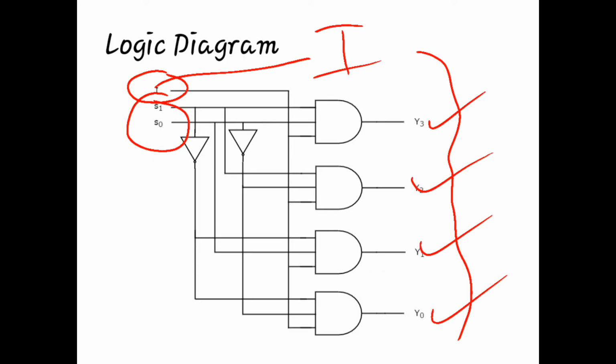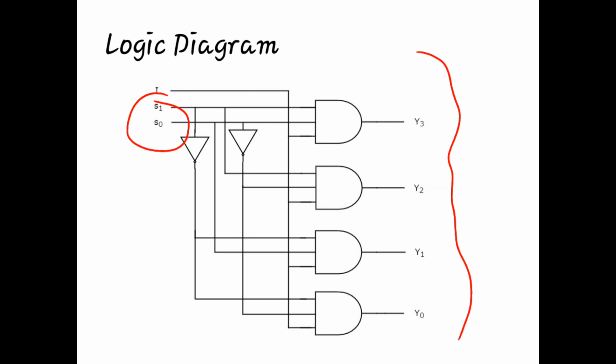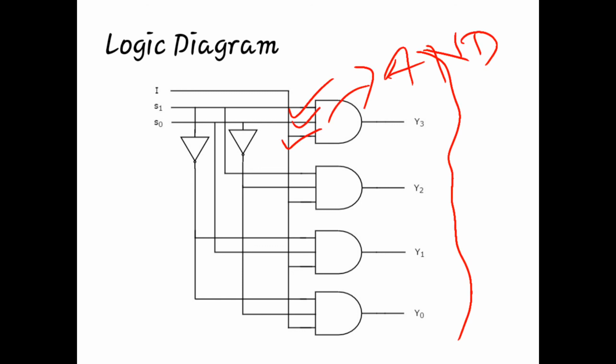If we talk about Y3, you just see here how Y3 is basically designed. This is the Y3. The inputs are S1, S0, and the third input I. This is the AND. So here the Y3 is going to be computed.